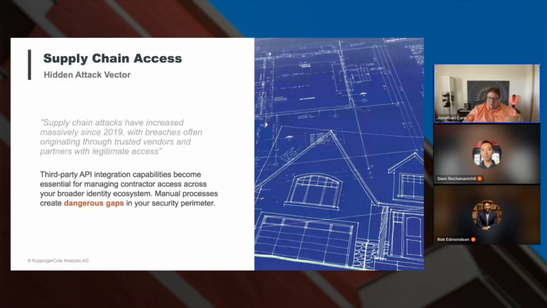It's not just our vendors, it's the vendors that supply our vendors. Recent high-profile breaches, and they're in the news, so I'm not going to name them again.